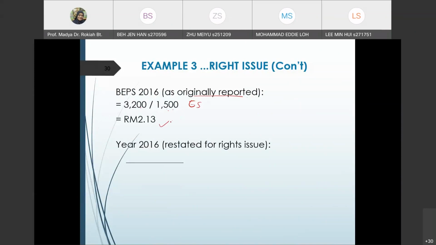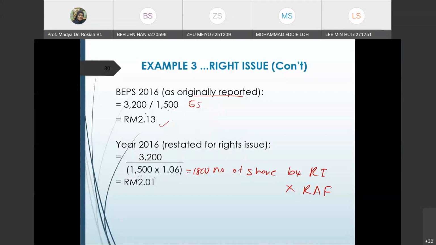For the adjusted figure, the number of shares before, 1,500, times the rights adjustment factor gives 1,800. So 3,200 divided by 1,800 gives 2 ringgit and 10 cents. Compare: this is the original one, and this one is restated after the rights issue.